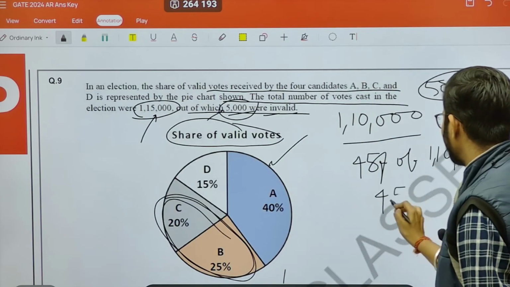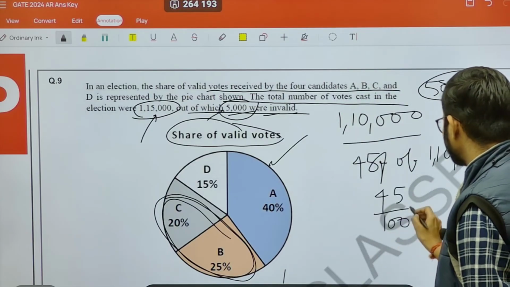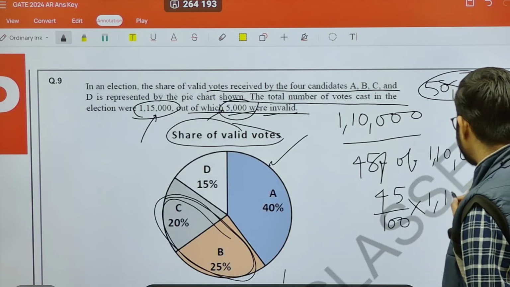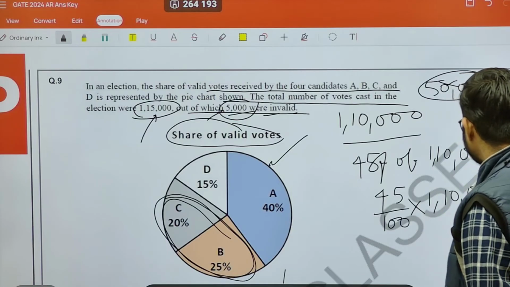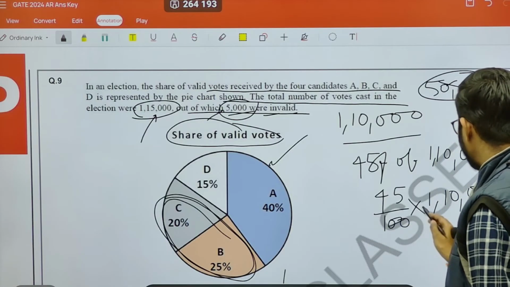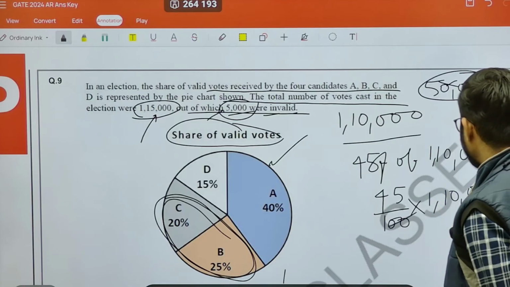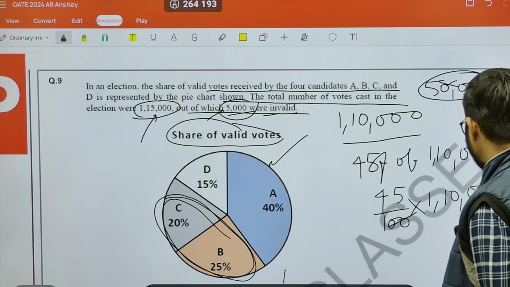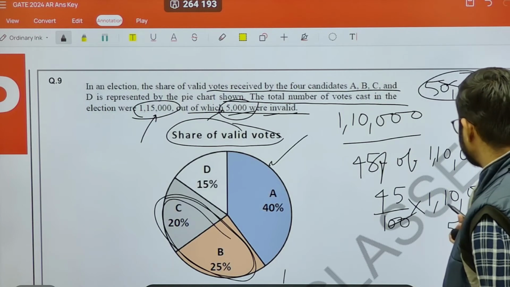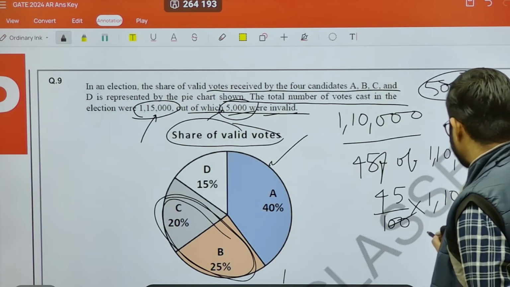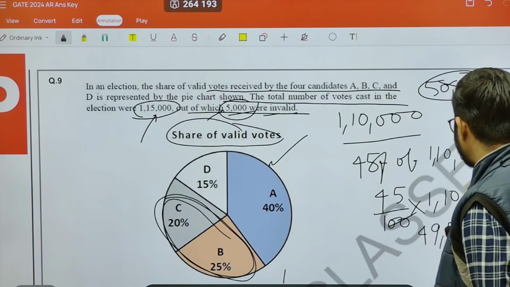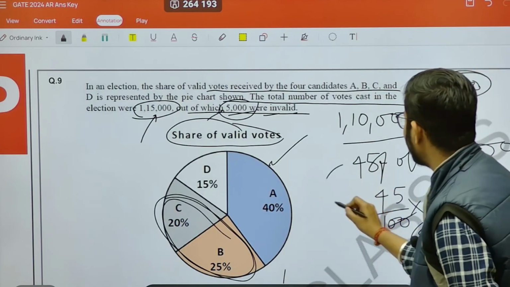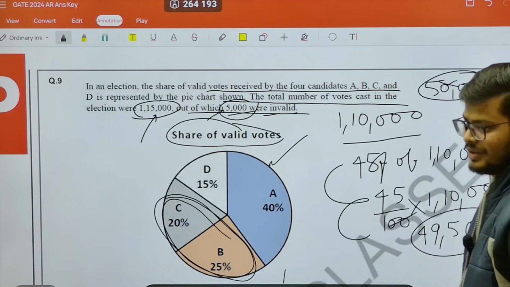Now 45 divided by 100 multiplied by 1,10,000. These 20 will be balanced, and what will we get here? 11 times 45 is 495, so if you multiply, 20 will be there. 49,500. Simply in 3 lines you can get the answer.